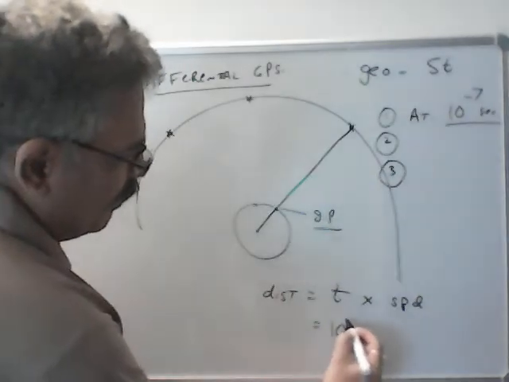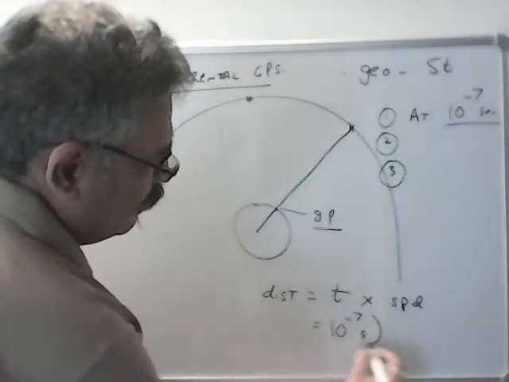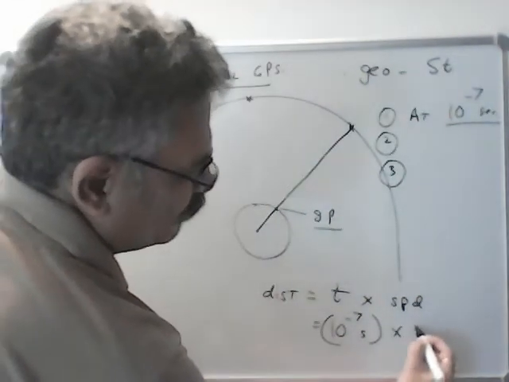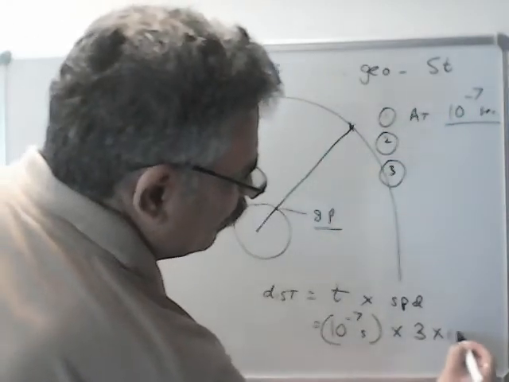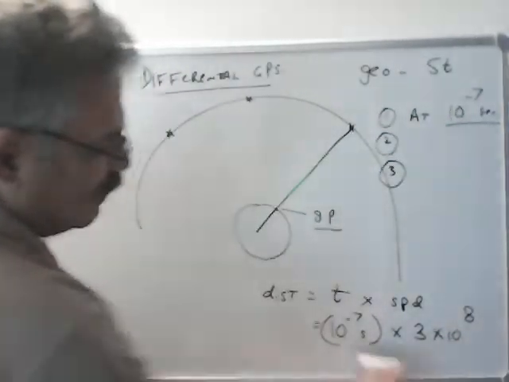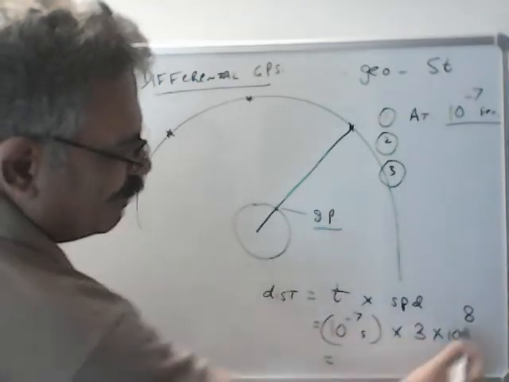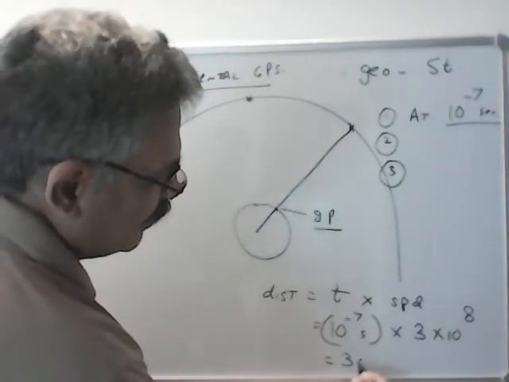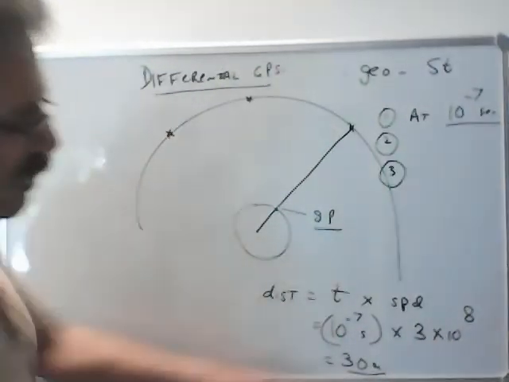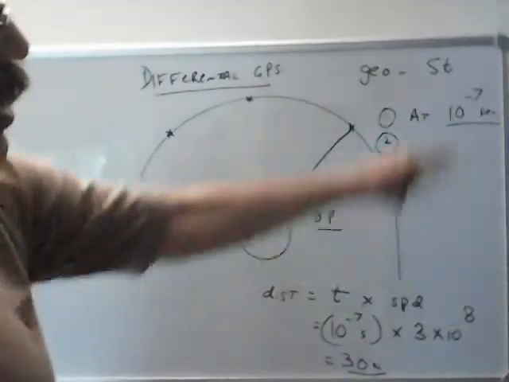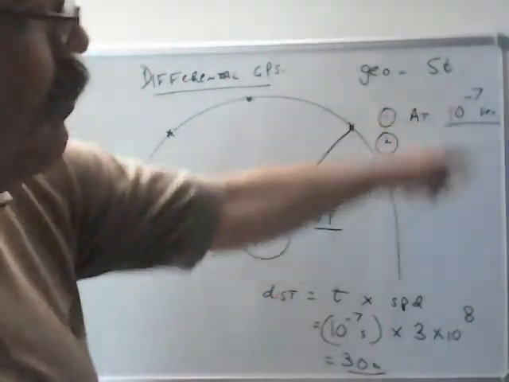If I multiply 10 to the power minus 7 by the speed of the radio wave, 3 into 10 to the power 8, and solve this, minus 7 plus 8, it comes to 30 meters. So this 30 meters error was there due to the atomic clock not being very accurate.